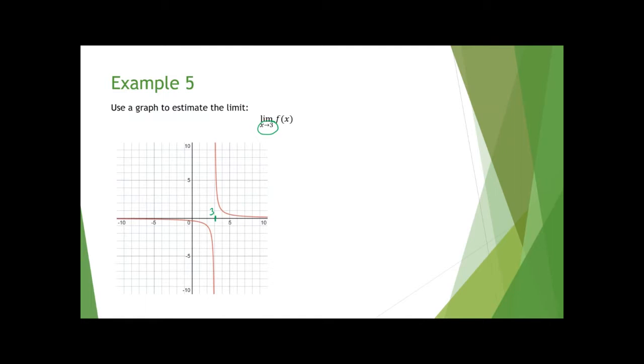As we're getting towards 3 from the left, our graph is going down towards negative infinity. If we're going from 3 on the right, it's going up to positive infinity. They're going in two different directions. If your graph is going in two different directions, if it doesn't match at that point, we say the limit does not exist.